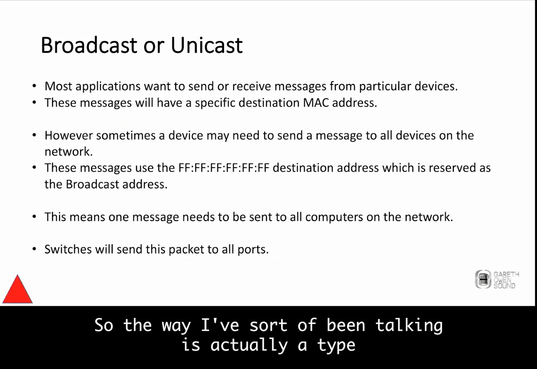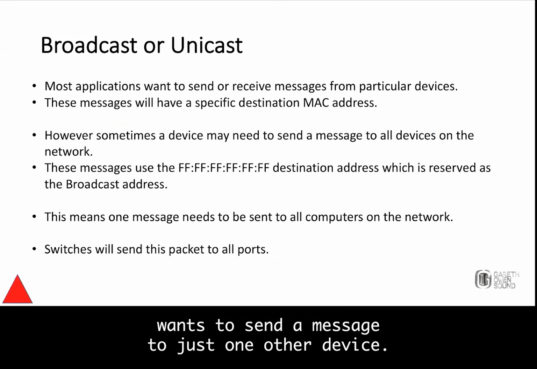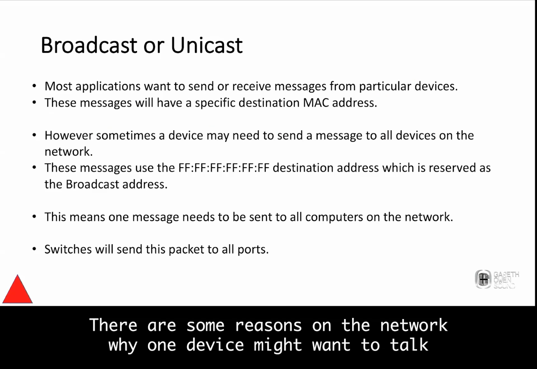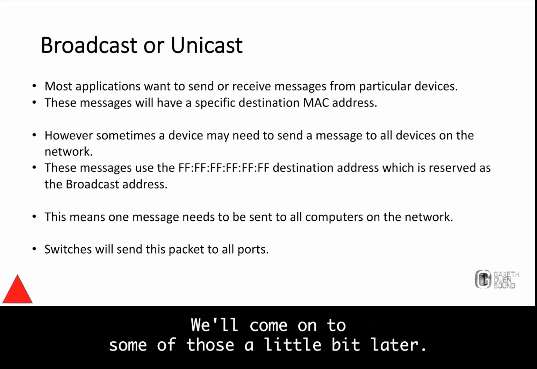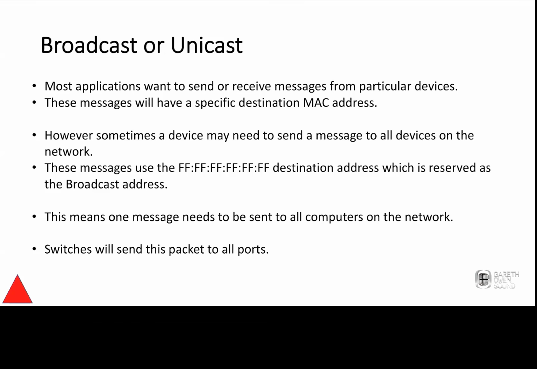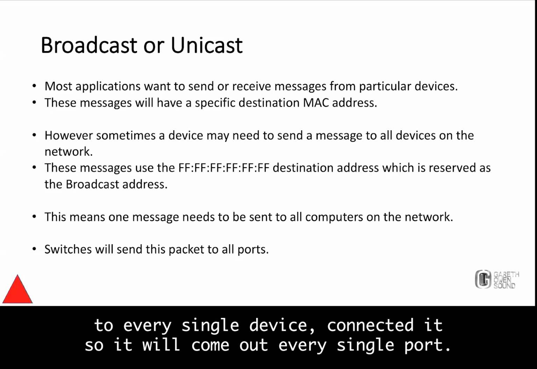The way I've been talking is actually a type of messaging called unicast, which is one device wanting to send a message to just one other device. So very specific. There are some reasons on a network why one device might want to talk to many devices. We'll come on to some of those a little bit later. Now, there is a special MAC address defined that tells a switch to send that packet to every single device connected, so it will come out every single port.